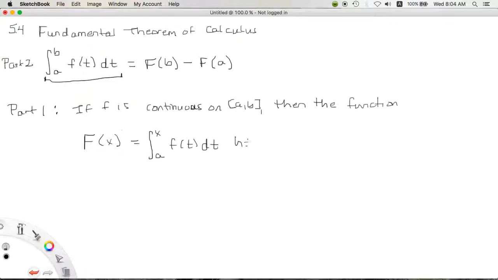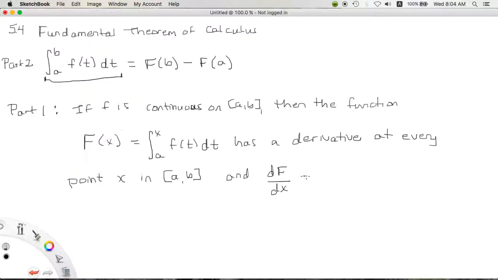This function has a derivative at every point x in this closed interval from A to B, and the derivative of this capital F function, so the derivative of the integral from A to x, f at t dt, equals lowercase f at x.